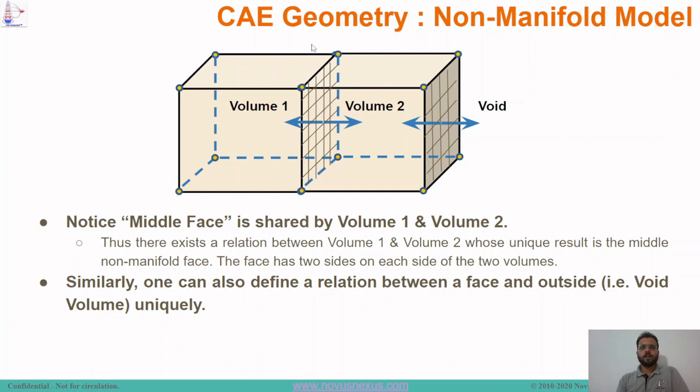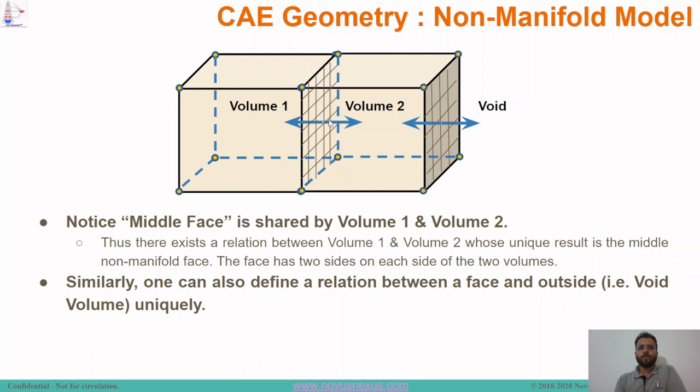You can see here two cube structures touching each other, representing volume 1 and volume 2. Now a CAD model will have two surfaces at the interface, one belonging to each volume.